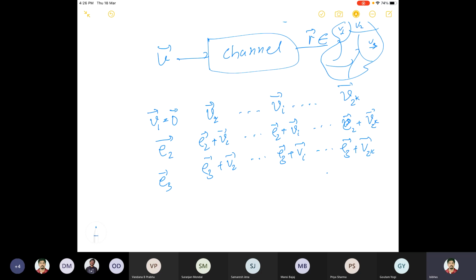So there is a meaning to why I'm writing E2, E3: they are the error patterns. How many such error patterns could there be? This is 2 to the power n minus K. Can anybody tell me why?